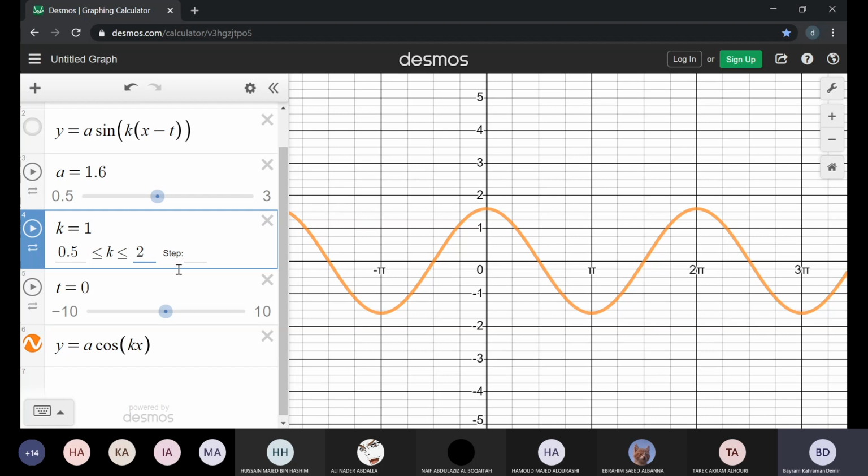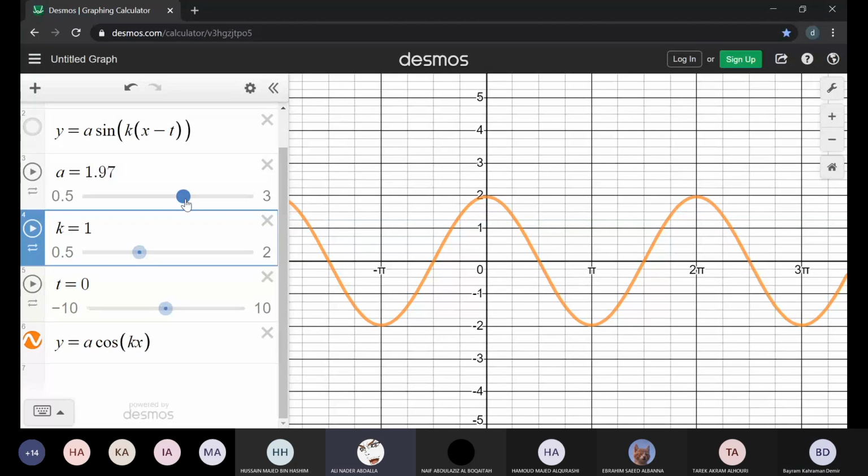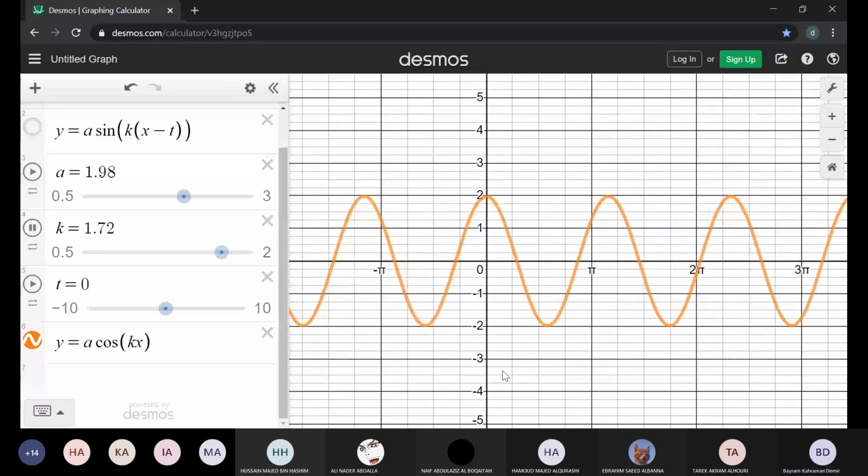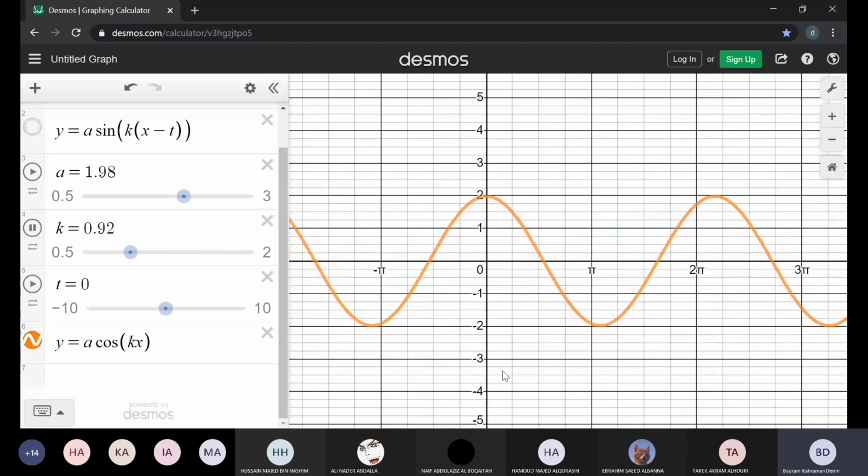So what happens to the function? Let's make this step slowly, actually. Now, let's play the k, Shabab, and see what's happening to the cosine graph. Yeah, let's play the k now. You see?